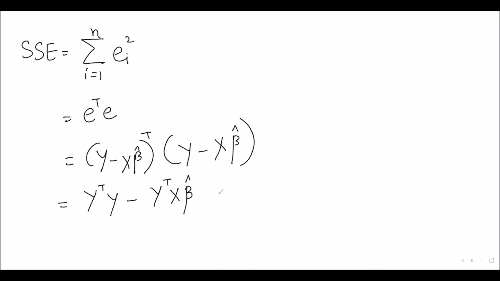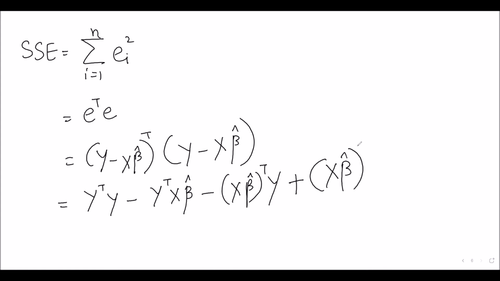Then this one, minus x beta hat transpose times y, minus and minus is plus. You have to go in order. X beta hat transpose times x beta hat. You know, in matrix multiplication, you have to follow some order.